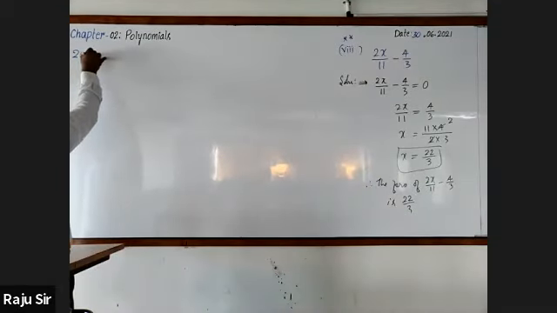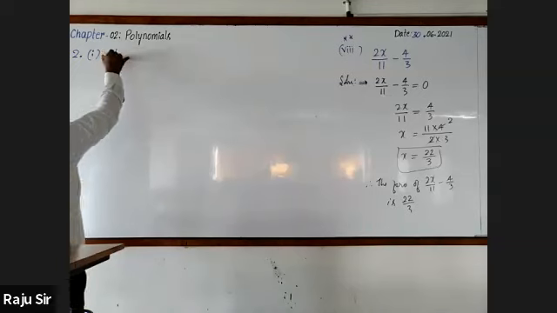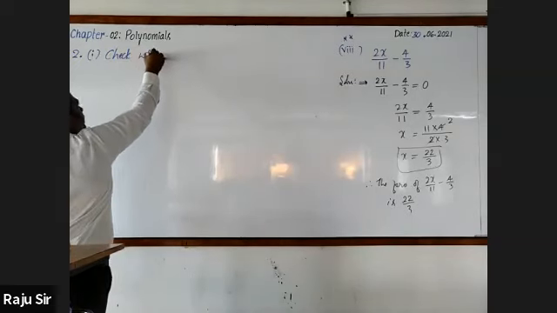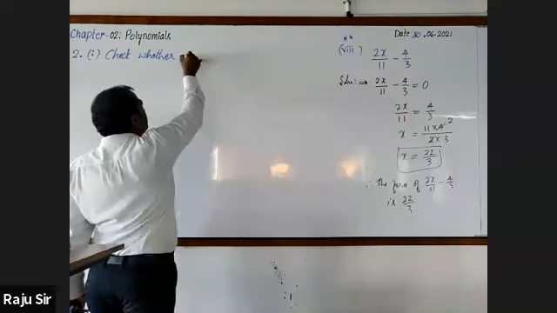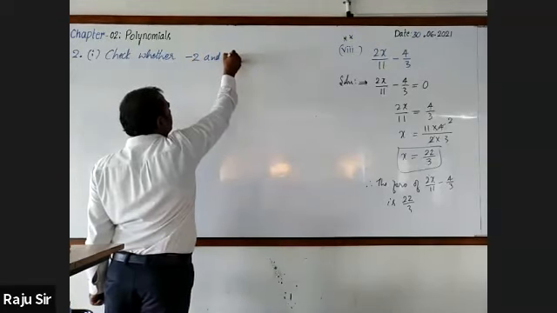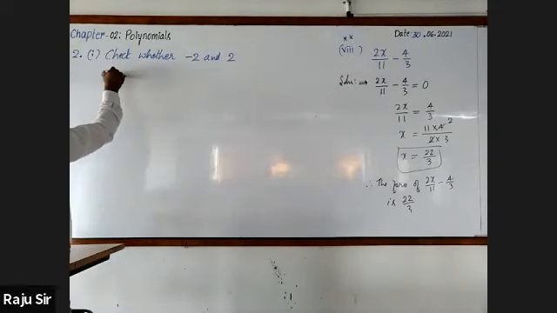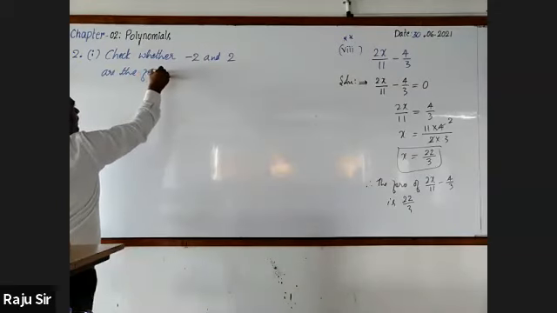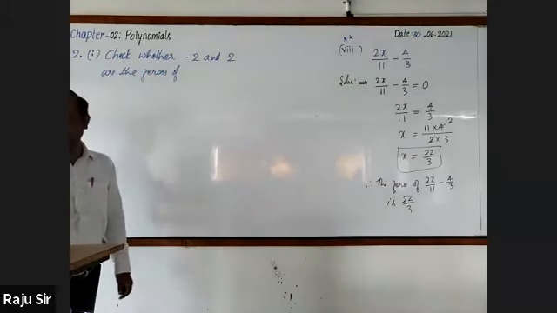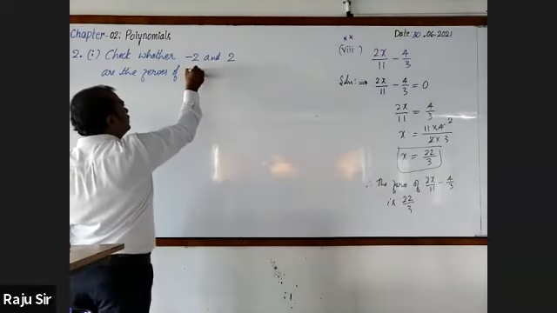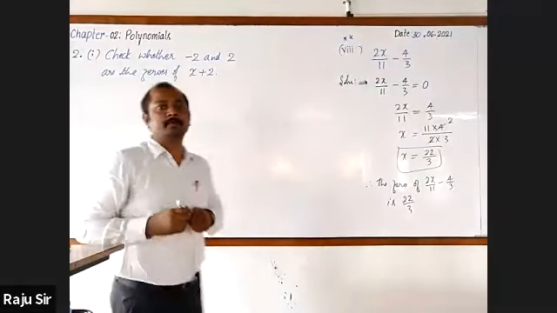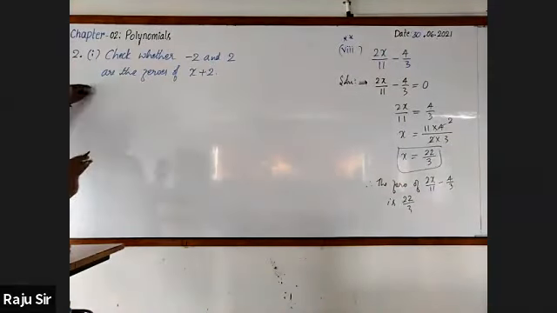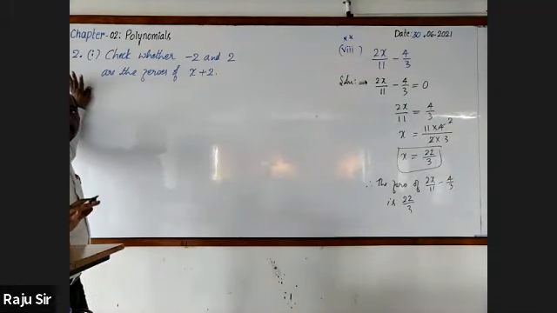In that first one, check whether minus 2 and plus 2 are the zeros of the polynomial x plus 2. I've taken a very simple one. Please observe the board. Don't write. Afterwards, again, I'll give you time for writing.